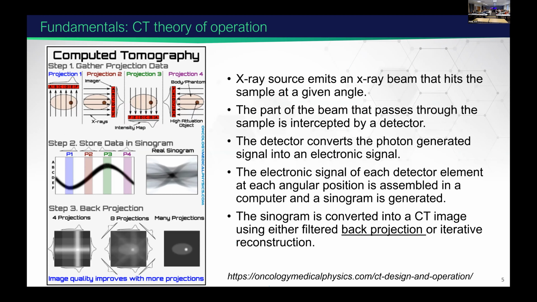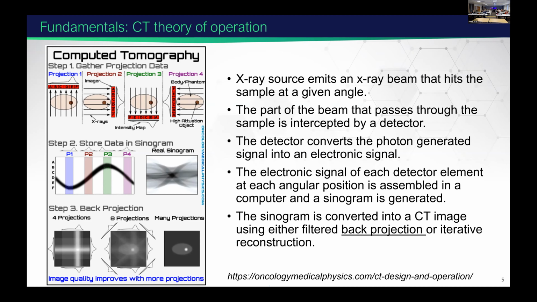So the physical process of CT is that an X-ray source emits an X-ray beam that transmits through the sample, and that happens at many different angles because we rotate the sample during the scan.